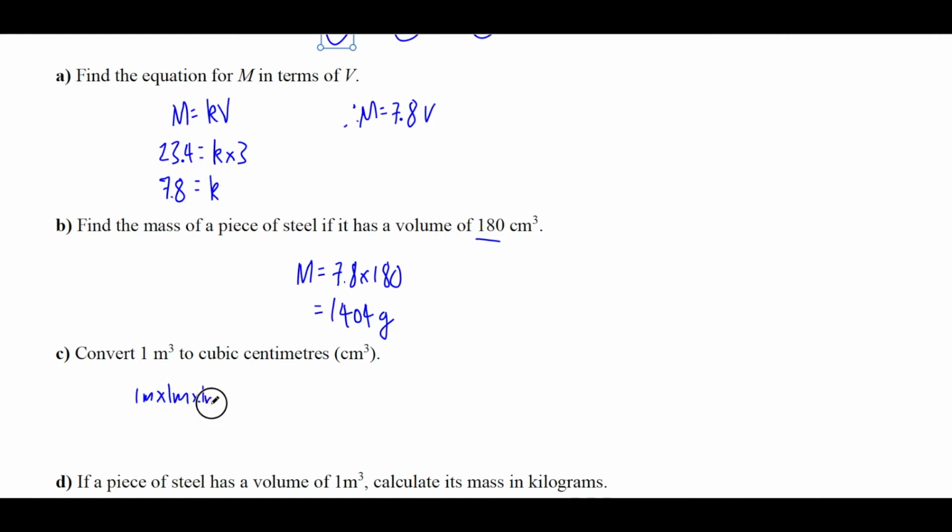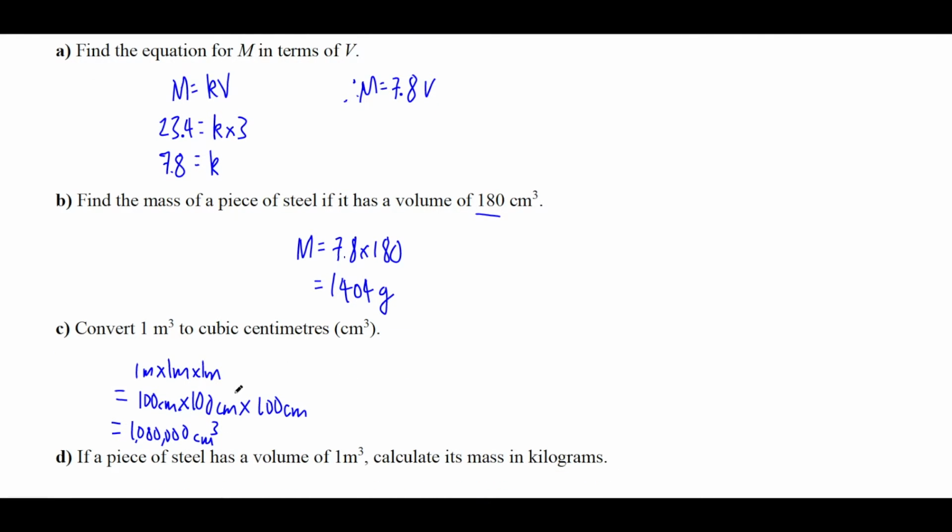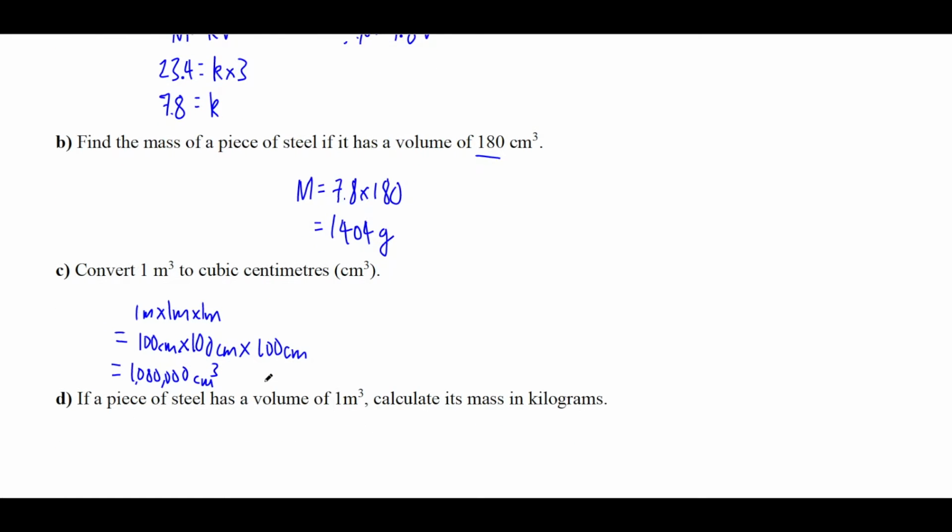If you want to convert it to centimeters, you convert each of the meters into centimeters, which is 100 centimeters times 100 centimeters times 100 centimeters. This equals 1 million cubic centimeters. That's how you do this. If you memorize the result, that's fine as well. You can just write down the answer straight away.